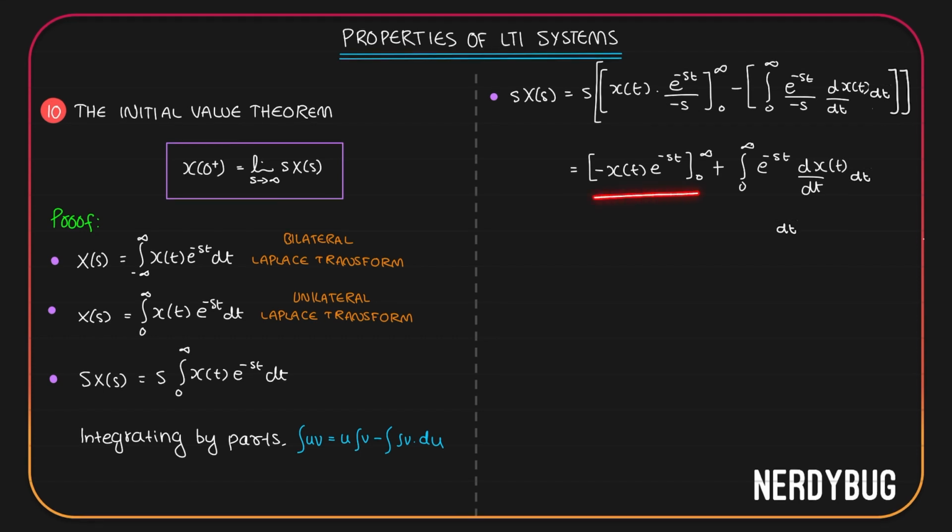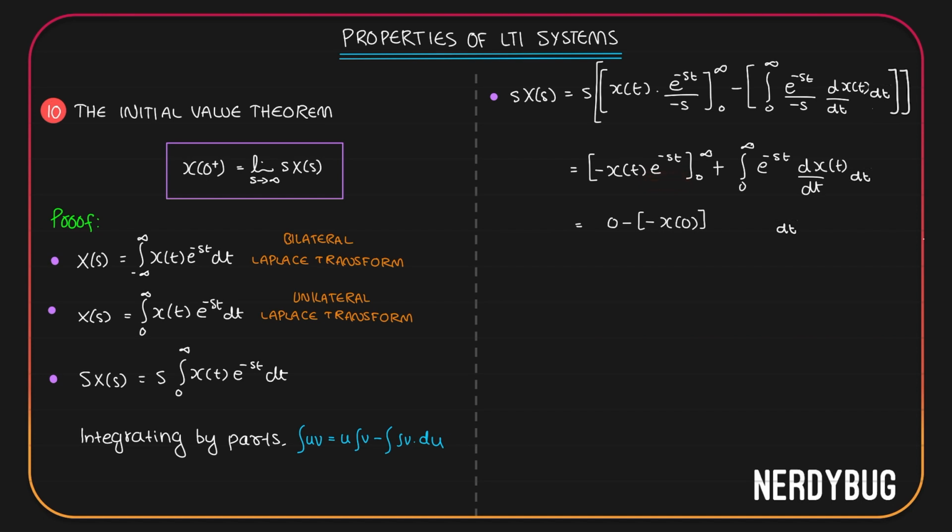Let us give the limits over here. If you give t equal to infinity, this becomes e raised to minus infinity, which is 0. So this is going to be 0 minus of, if you give t equal to 0, x(t) becomes x(0). e raised to minus st becomes e raised to 0, which is 1.